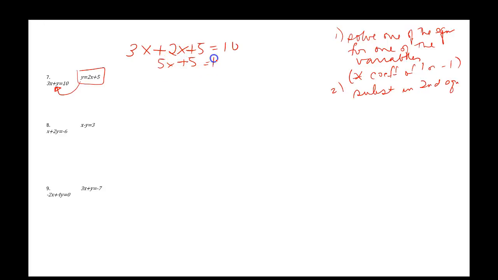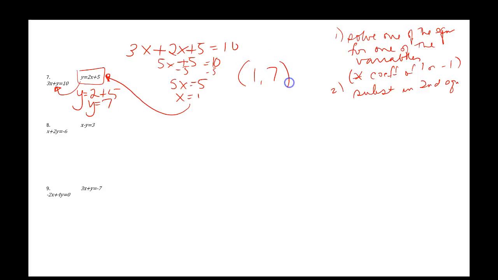Subtract 5. 5x equals 5, x equals 1. Once I have that 1, I go right back into the original equation, and I get the other variable. So my answer should be (1, 7). I'm going to eyeball that again.